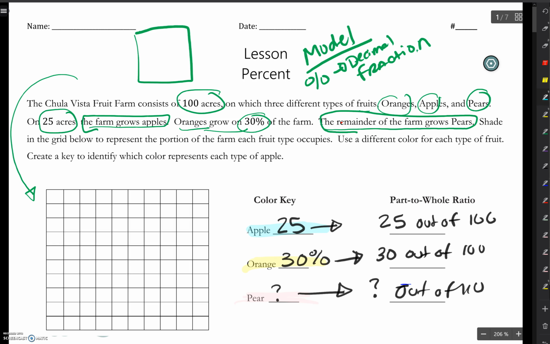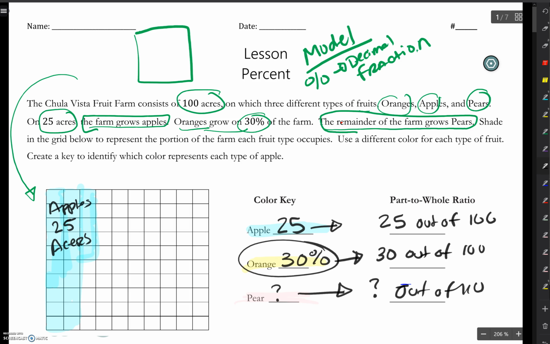So I'm going to start with shading in 25. I'm going to start here, I'm going to shade in 10, and I'm going to shade in 20, and then I'm going to shade in 5. 1, 2, 3, 4, and 5. So this right here would represent 25 acres, which is apples.